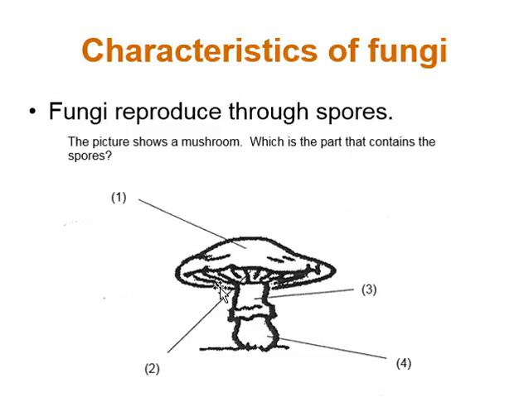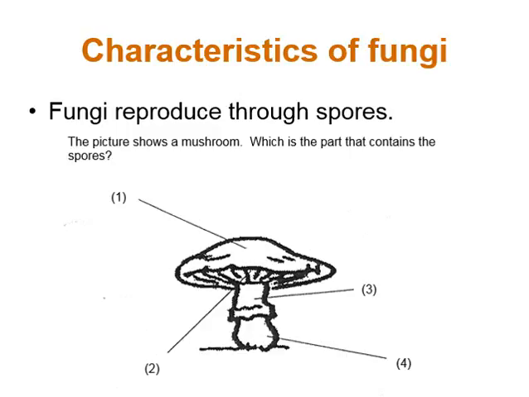They contain the spores of the fungi, and when the mushrooms are ready to reproduce, the spores will be released from the gills. Okay, 3 and 4 are part of the stalk of the mushroom. Okay, so this is a very simple question. I'm not going to spend more time explaining it.